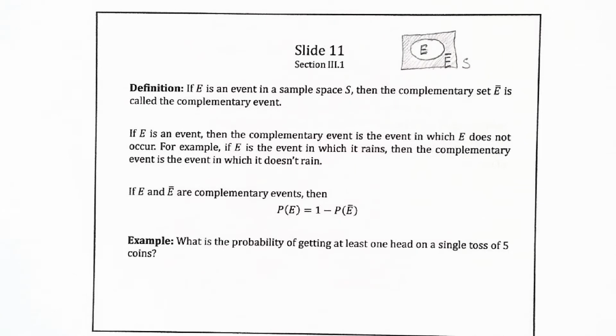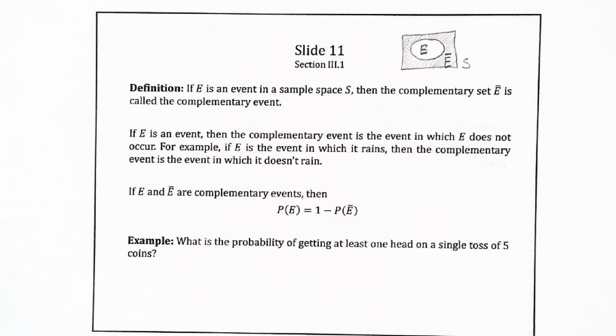What's the probability that it will rain or it won't rain? Well, 100%. If I toss a coin, what's the probability that I'm going to get a heads or a tails? 100%. So when you talk about the event and its complement, you're talking about everything altogether. So the probability is going to add up to 100%.